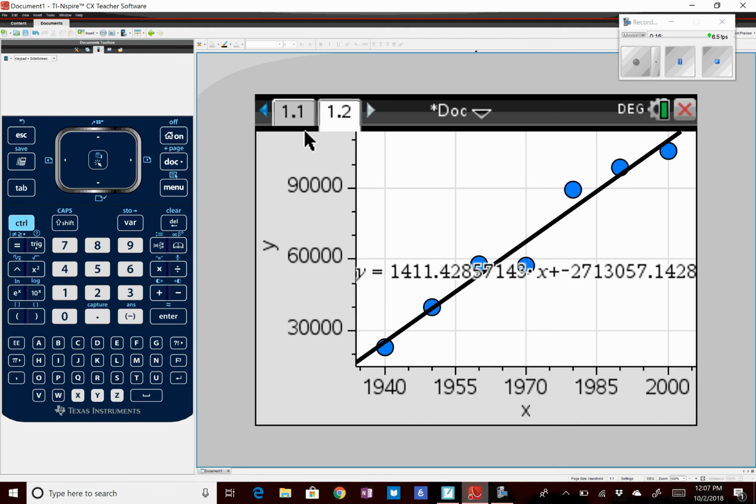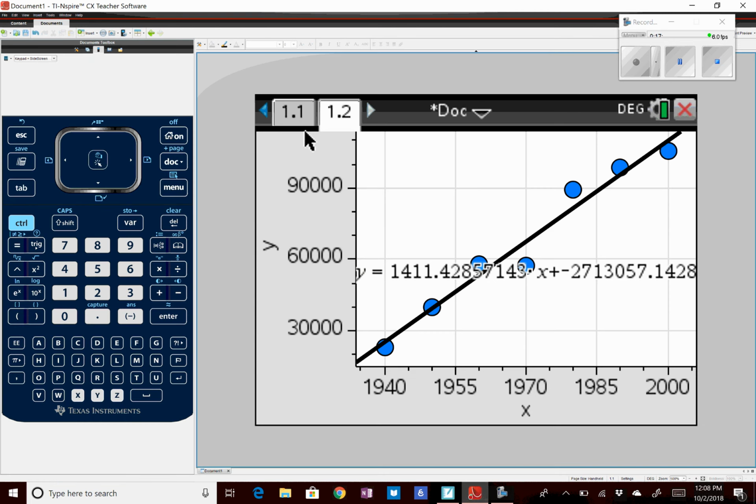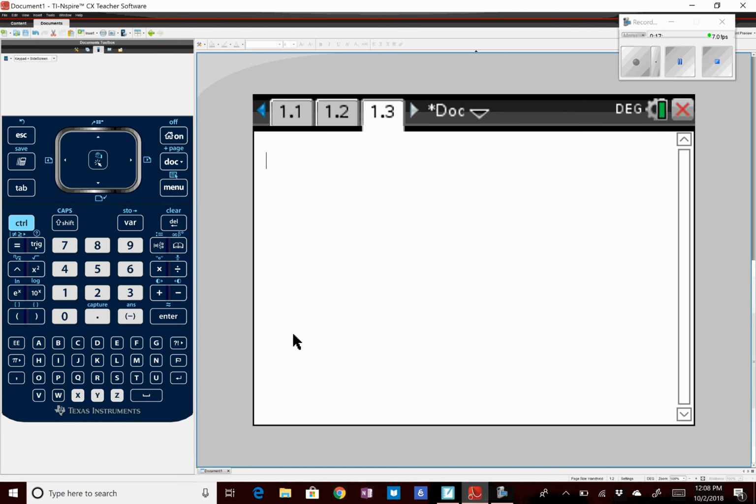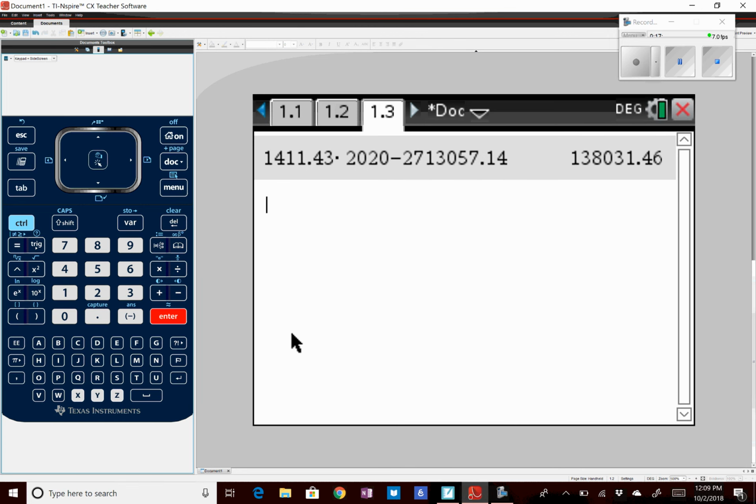So we can go back to the calculator. And we'll just get a calculator screen for this. So we have 1411.43 times 2020 minus 27,057.14. Okay, so we would predict the median price to be $138,031.